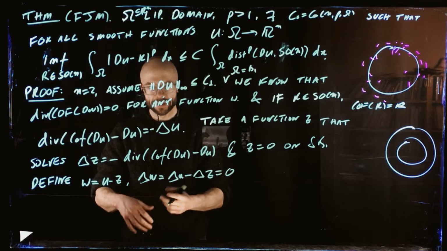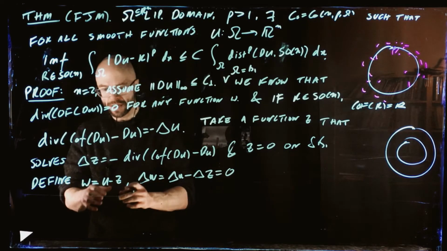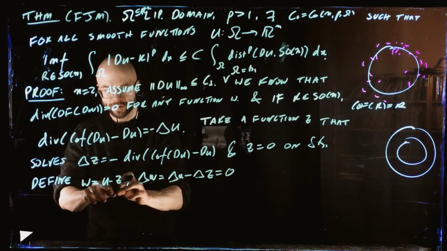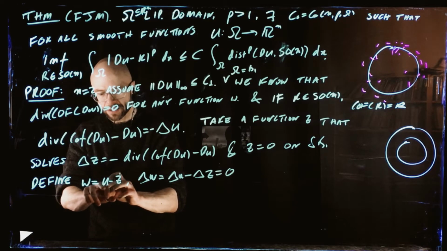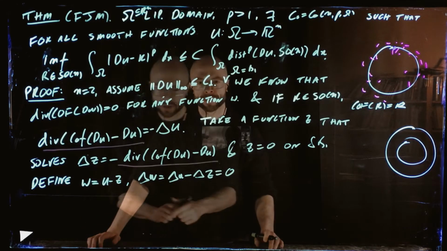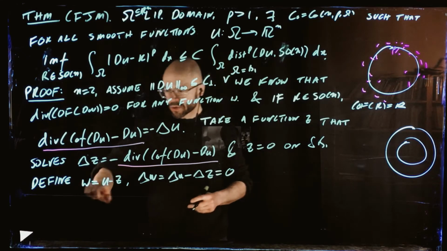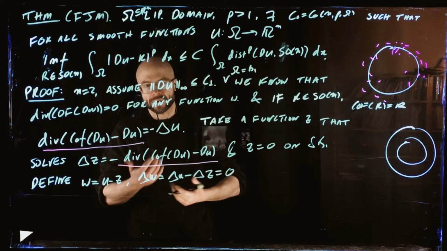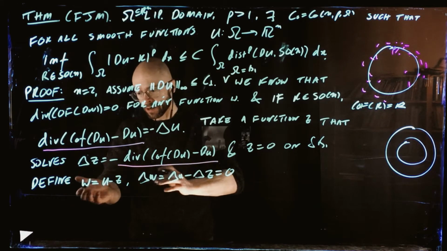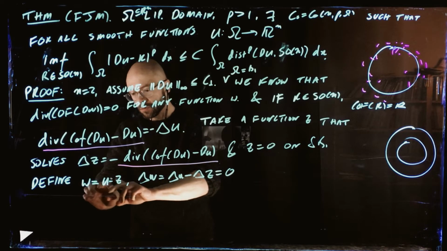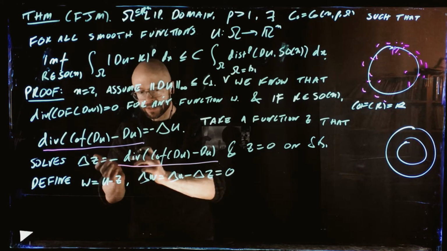Yeah? But this won't be any good to us unless what we're doing when we take away z is not changing u too much. So we'd rather work with w because then it'll be harmonic. But again, this is only valid to do if z is actually small.